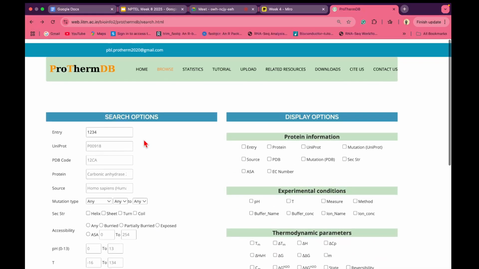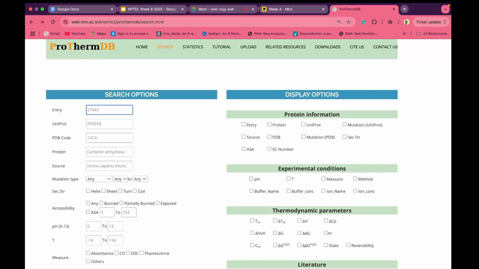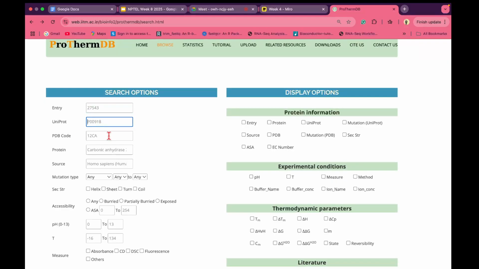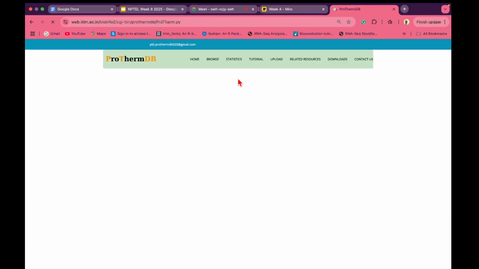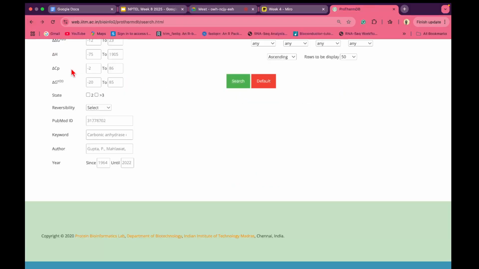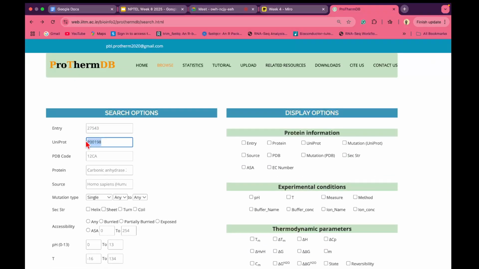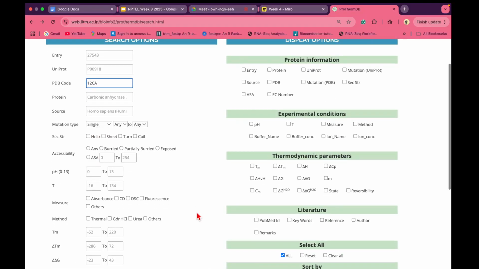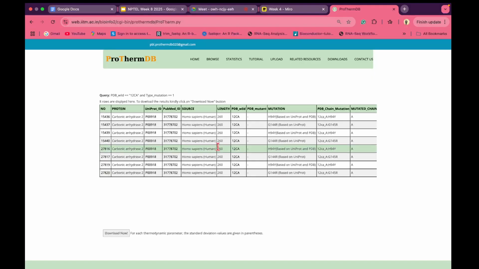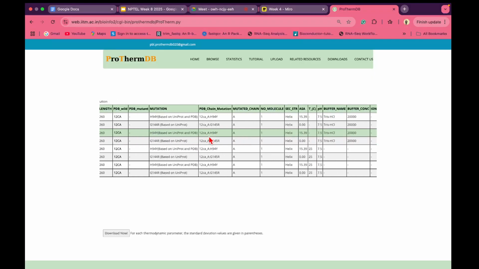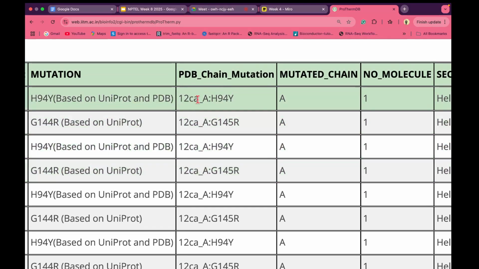If one specifically wants to look for mutant information, let me select single mutant. The mutation format is given by PDB ID underscore chain ID colon wild type residue, residue location, mutant residue.